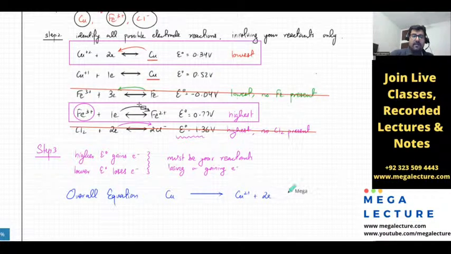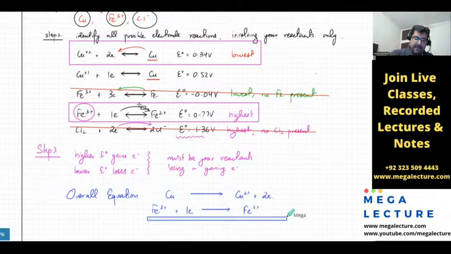And then you have the Fe3 plus equation. Plus 3 electrons, and that's not 3 electrons, 1 electron. That's turning to Fe2 plus.